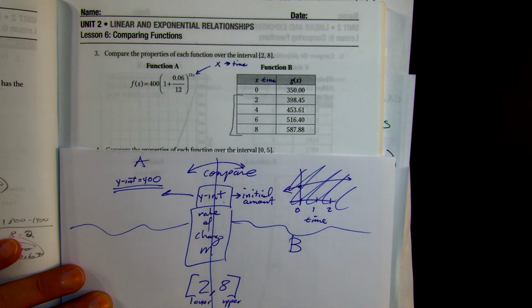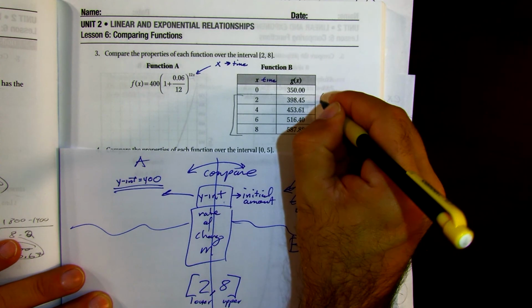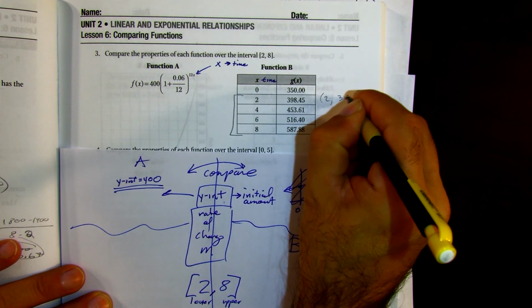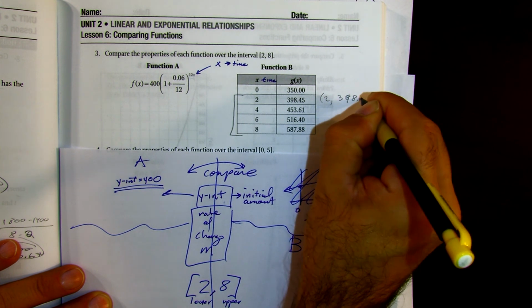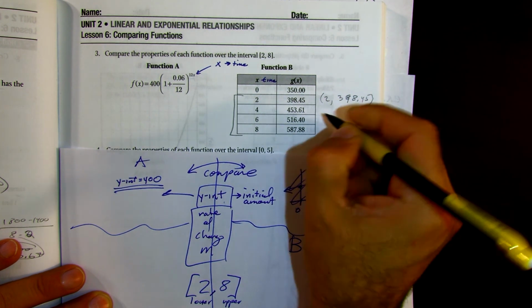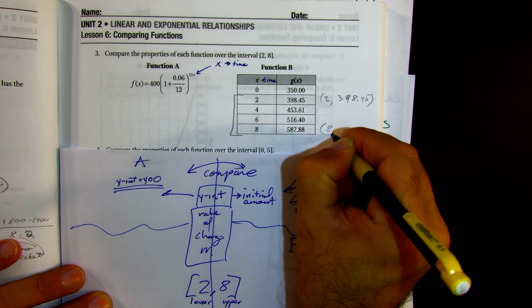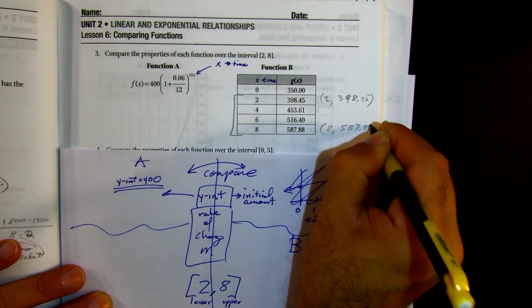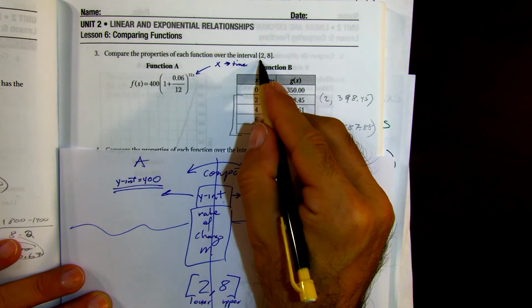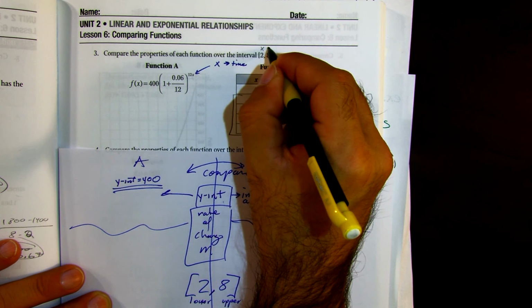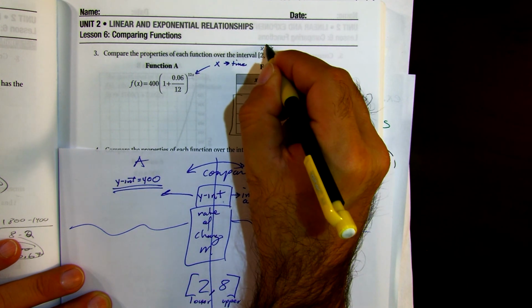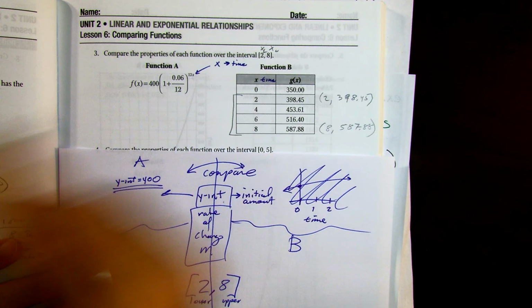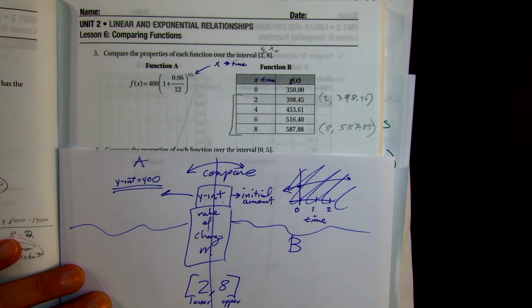So I already have my points for function B. I already know that we're looking between 2, 398.45, and 8, 587.88. Remember that the interval just says what x value, the x lower and the x upper. So now we have the interval in mind.